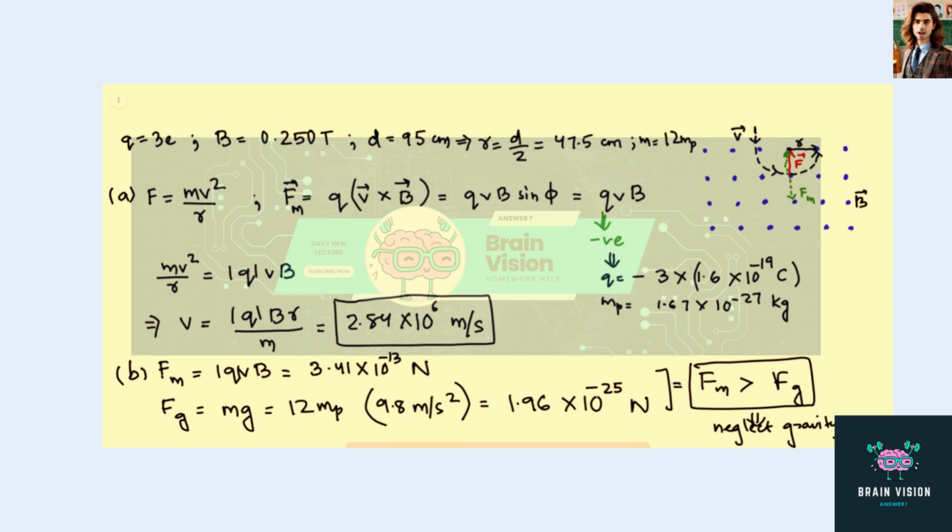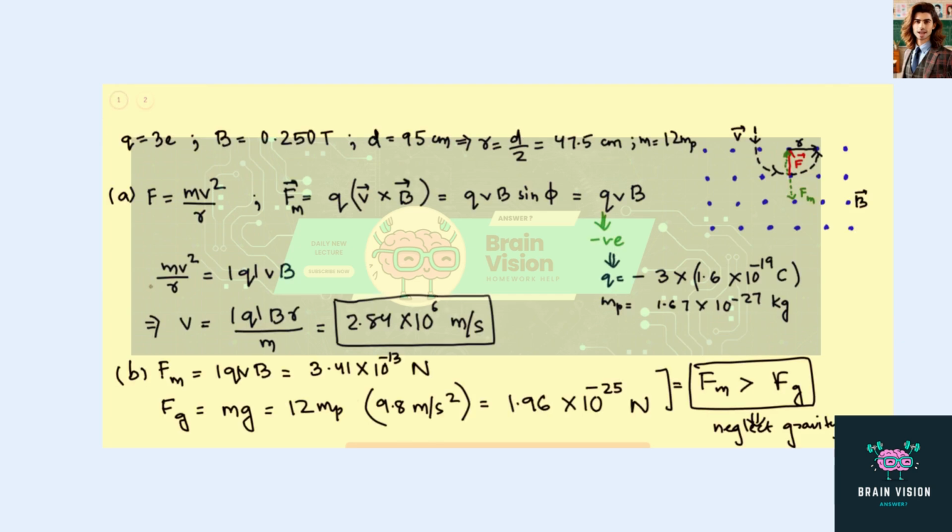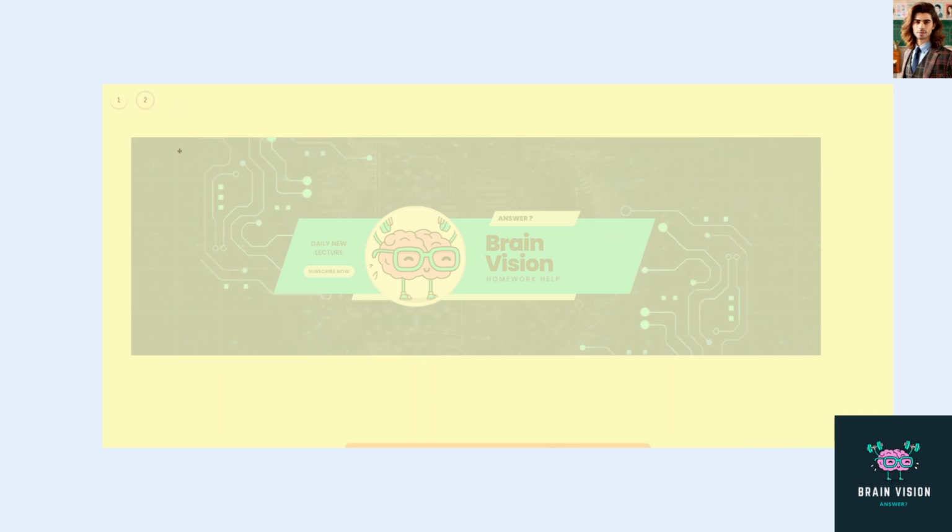Now, for the third part, the magnetic force, as you can see here, is always perpendicular to the path, and therefore it does no work, because work is given by the integral of F dot ds.